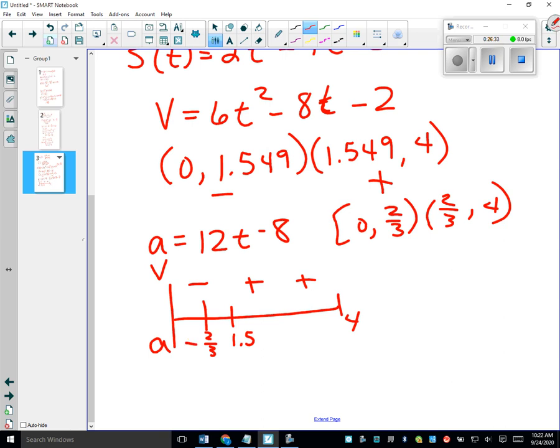I think this is a minus. Yeah. No, this is less than 1. So where is it speeding up? So from 1.549 to 4, 0 to 2/3. It's speeding up here, and it's speeding up here, right? Yeah. You all know how to do that?